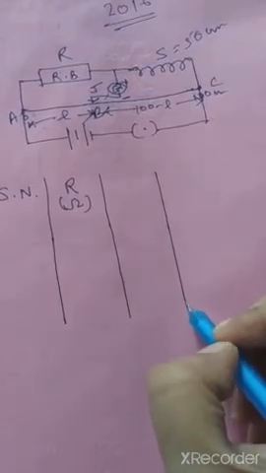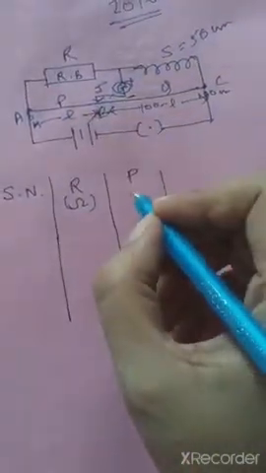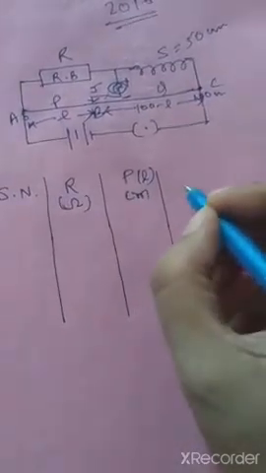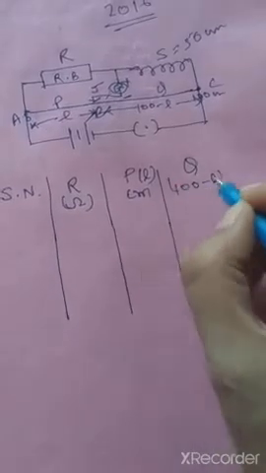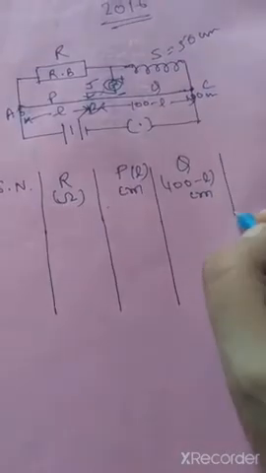Then you have to write here the value L, or here we have P and here we have Q. So if in the paper it is given as P, then you write P here and make this L, and this is in centimeter. Then this will be Q, which is 100 minus L. Clear? And these are both lengths, so they will be in centimeter.